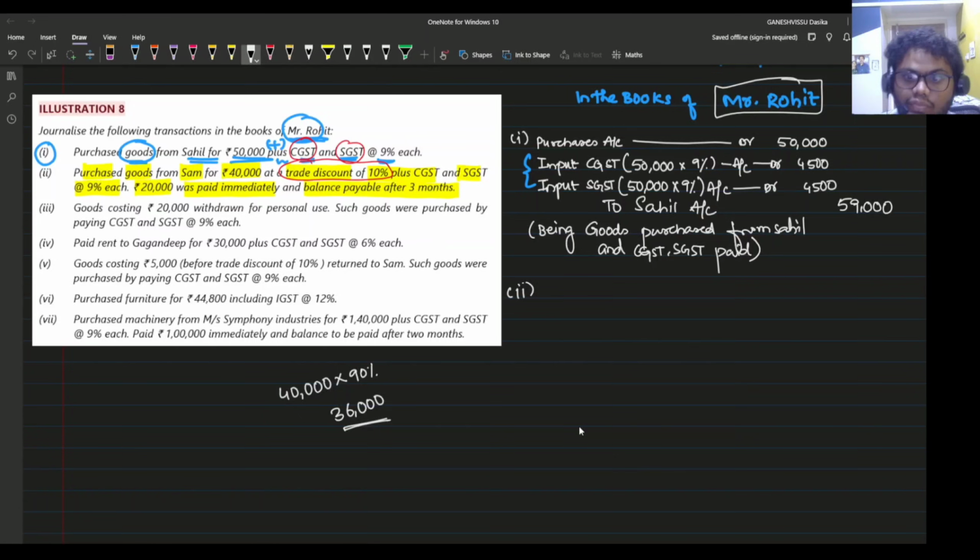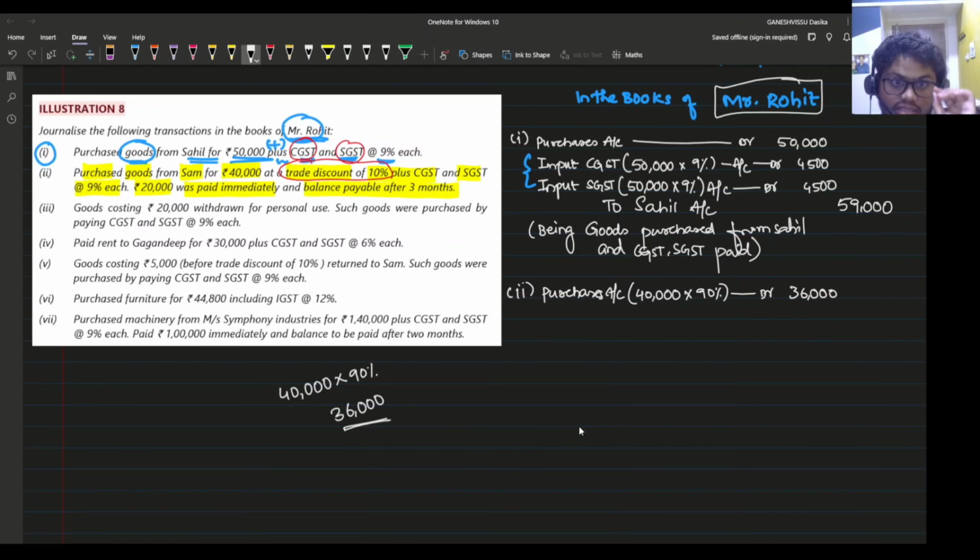Let us write the same. What would be the entry? Purchases account debit. But as this is a transaction which is having calculation, I'm going to show 40,000 into 90%, debit 36,000 rupees.